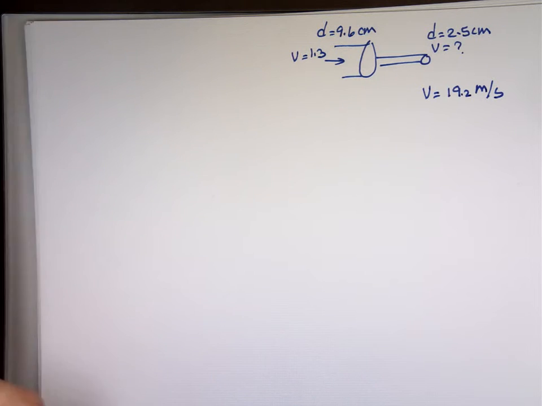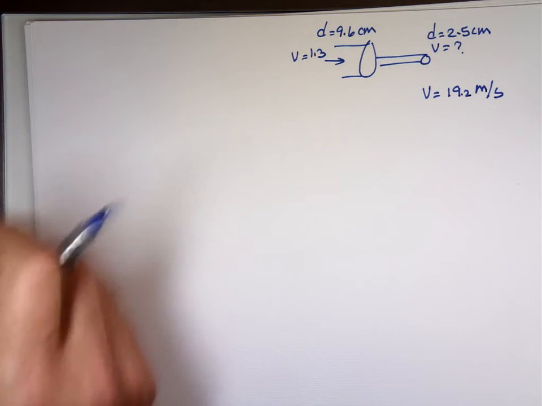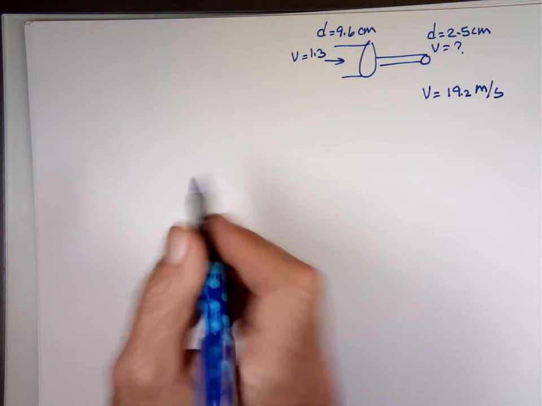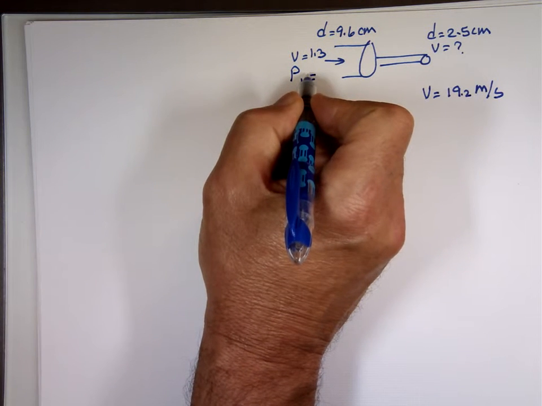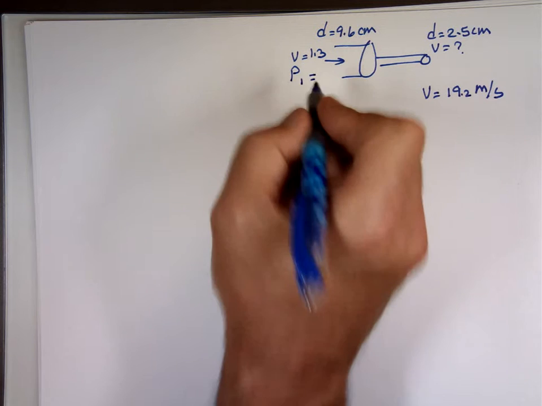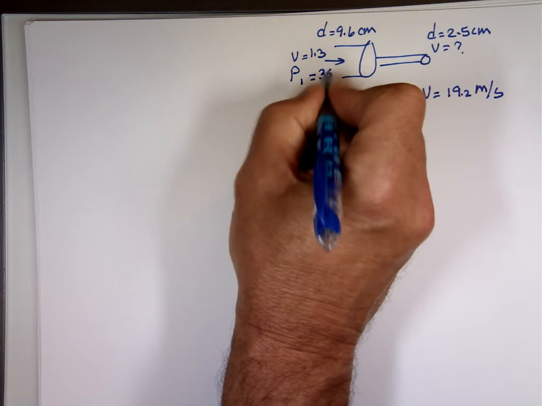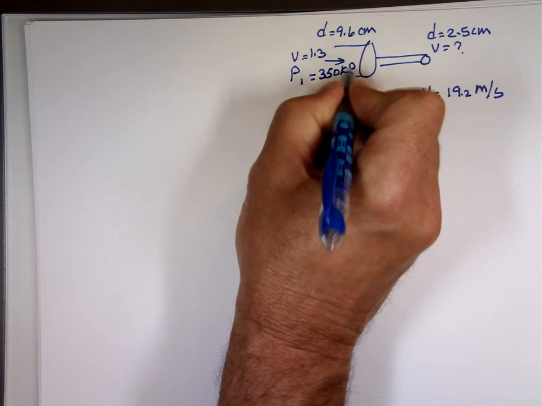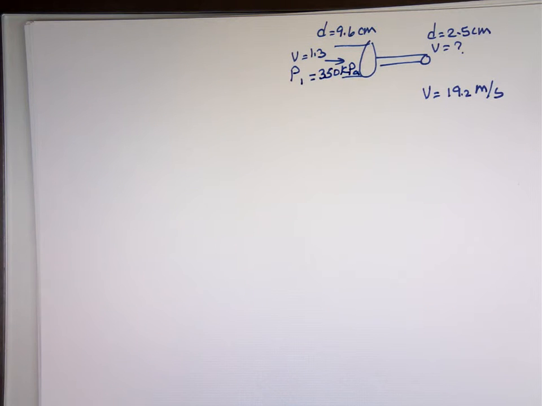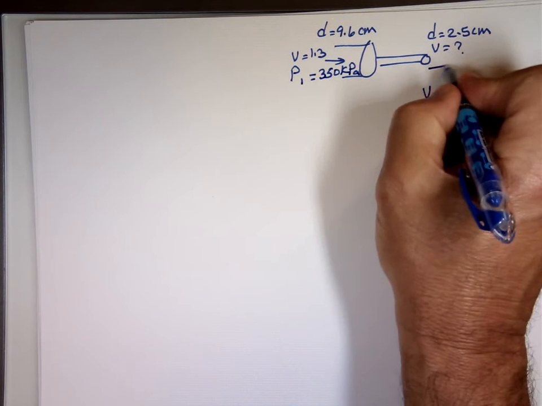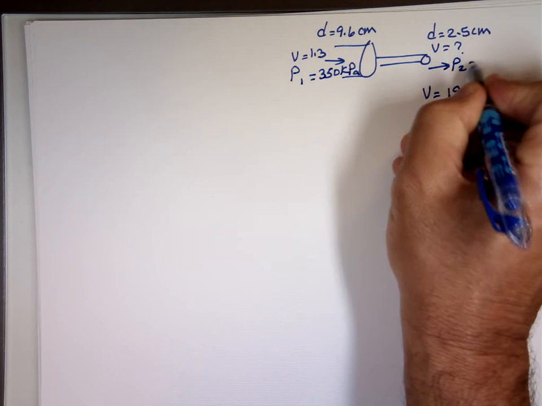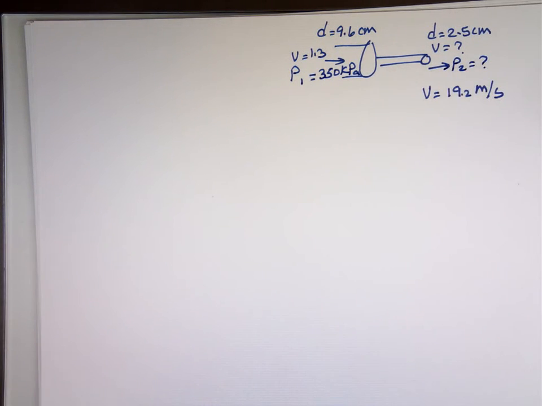Now, let me add to that. Let's assume the pressure from this end, the pressure P1, is 350 kilopascal, kPa, not atmosphere, kilopascal. What is the pressure of the water coming out of this? What's the pressure?